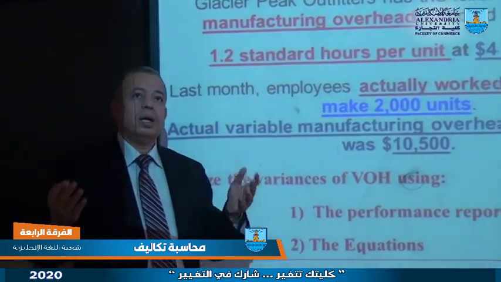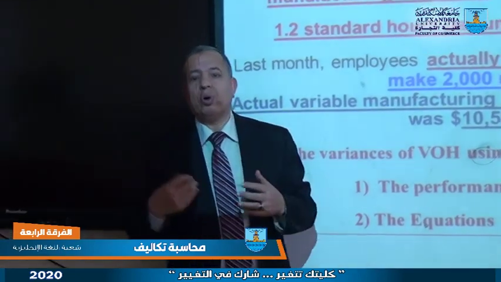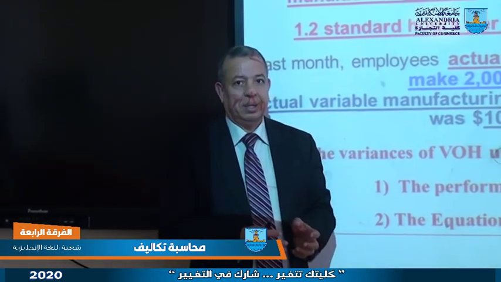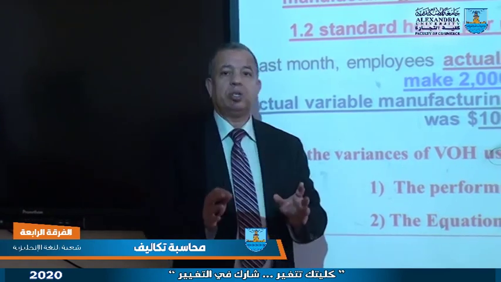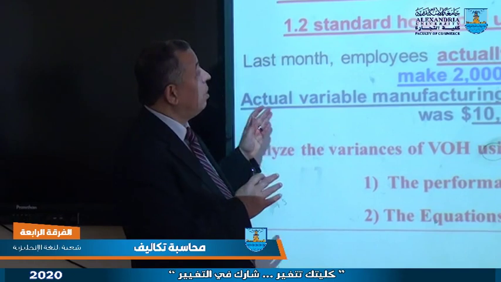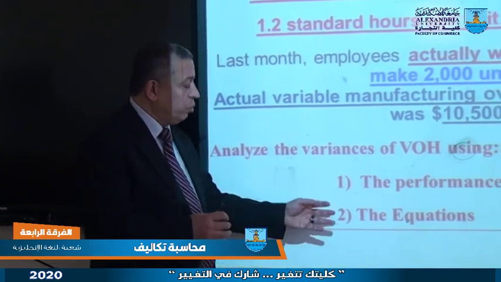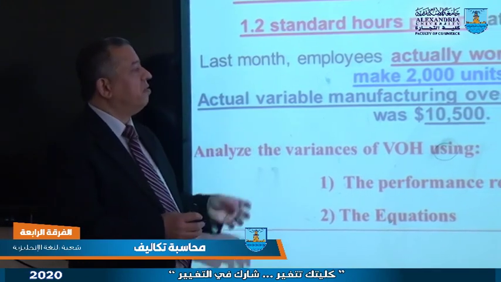I mean, I don't have the budget to calculate the standard and the hours, all of them are calculated here. So this problem concentrates only on how to prepare a performance report or how to use equations, with very simple amounts.